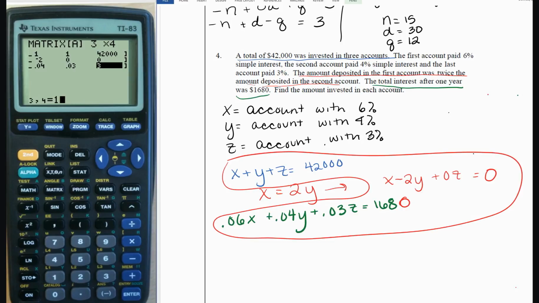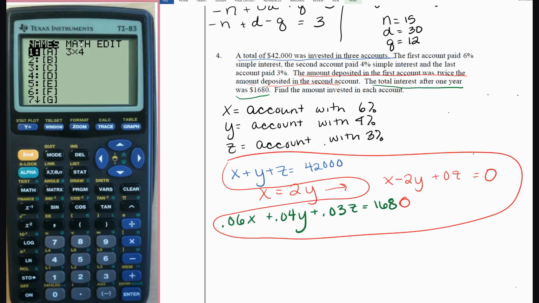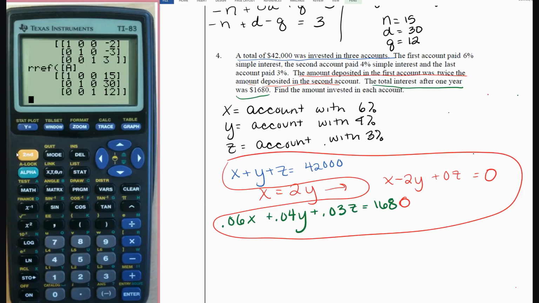Good thing I caught that. Okay, so second quit. Remember, you could hit matrix, go over to math, go down to REF, but since we just did it, if we hit second and second enter, it'll give it to us there.